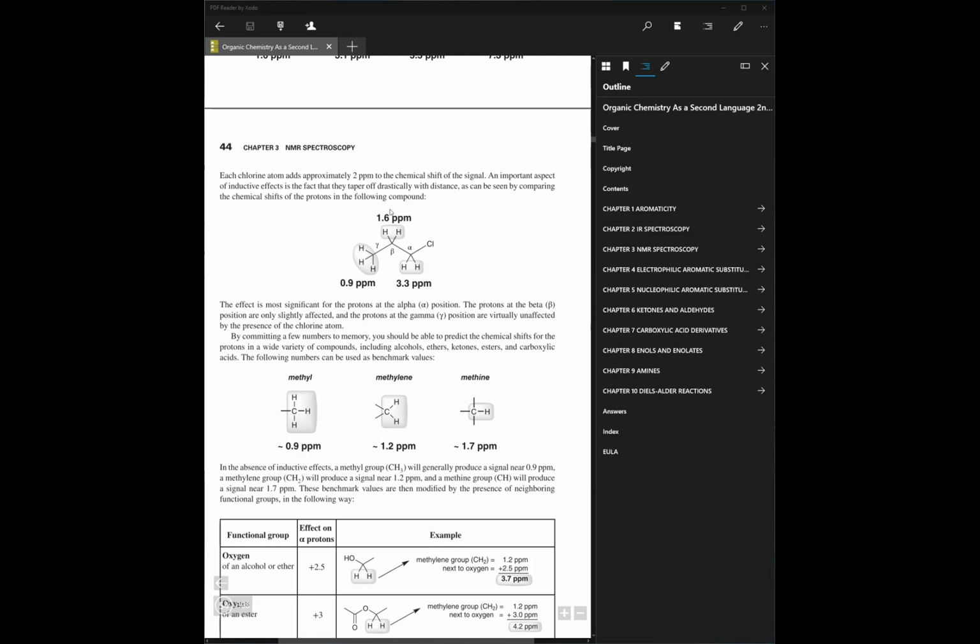So these are now upfield, and progressively, now this is the gamma position. So now we're 3 carbons away, or 2 carbons away, however you want to say it, from the chlorine. And we went even more upfield, or got even more shielded, because now this chlorine is going to have almost a minimal effect on taking the electron density from these 3 hydrogens at the gamma position.